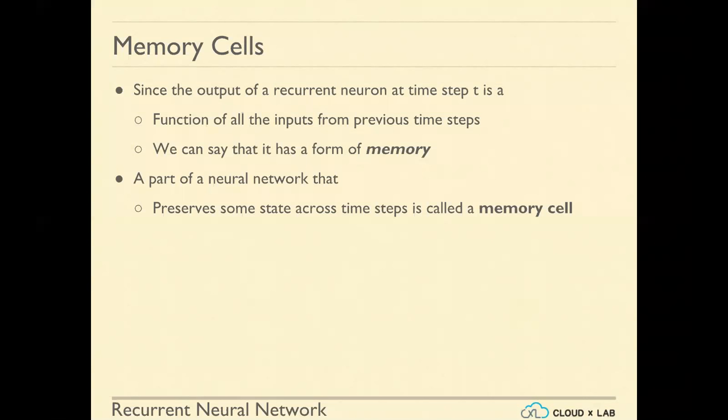So recursively, the output at any point of time is the output of the entire past, so we can call it memory. Each neuron has memory, or each neuron can be called a memory cell. A part of a neural network that preserves some state across time steps is called a memory cell. So in a recurrent neural network, each neuron behaves like a memory cell.